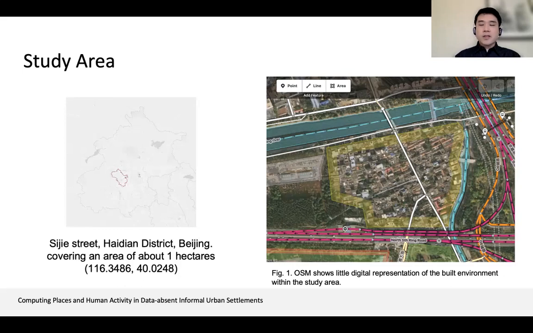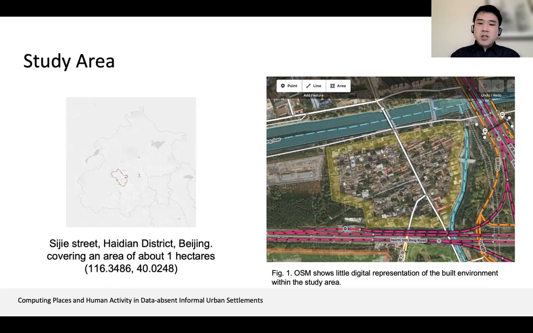And for the specific site, as we mentioned, we want to focus on data-poor environments due to the informality of the urban space. So we selected Sijie Street, which is a low-income neighborhood on the outskirts of Beijing, as a very specific testing bed or study site for this project.